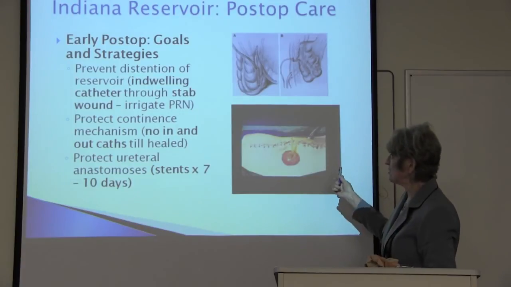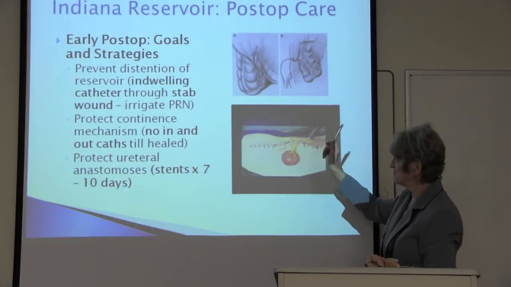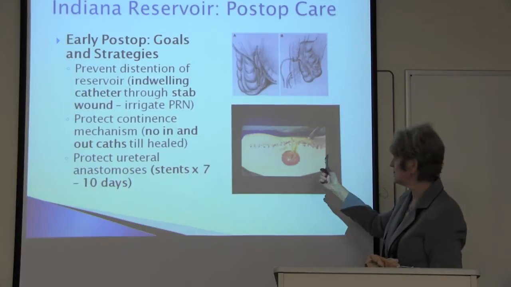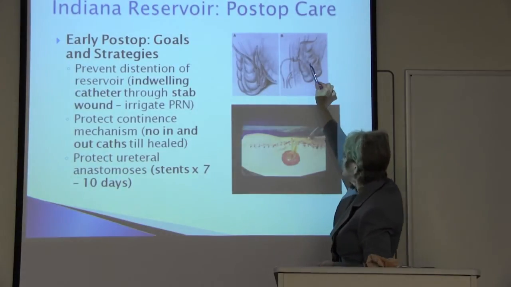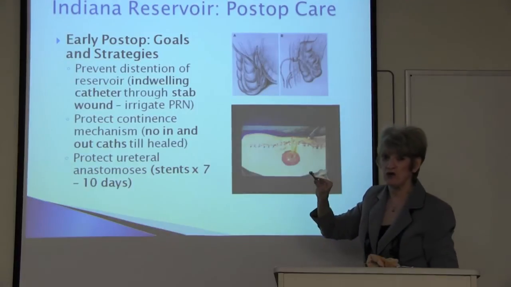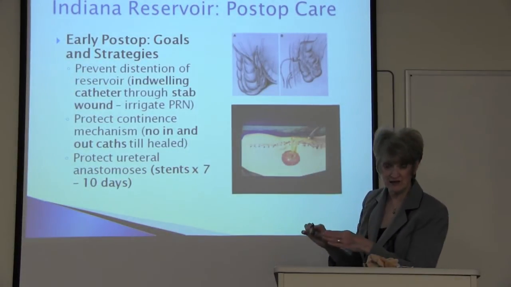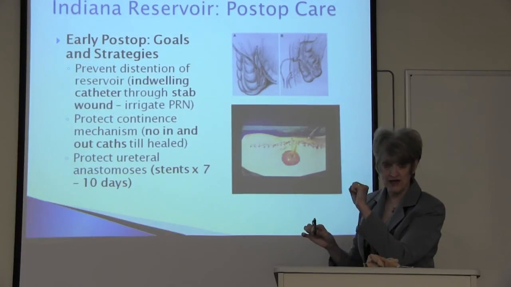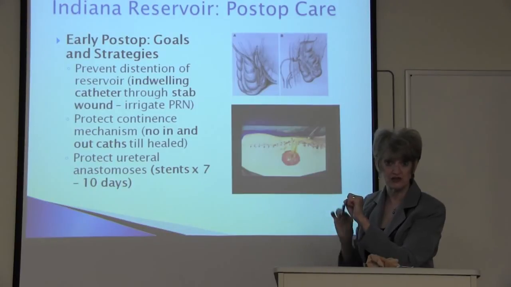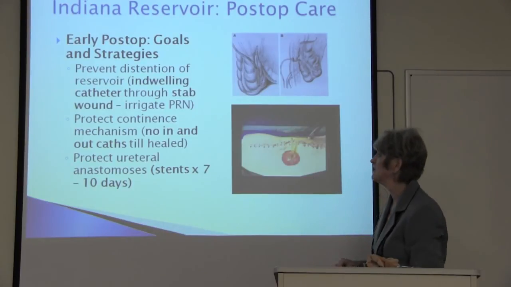You're going to protect your continence mechanism. As we've said, no in and out catheterizations until the narrow tapered ileum has healed, and don't put your reservoir catheter through the ileocecal valve. So protect the ileocecal valve and allow that surgically tapered ileal sleeve to heal before you allow the patient to do in and out catheterizations.